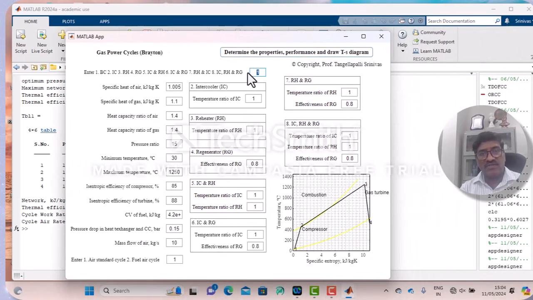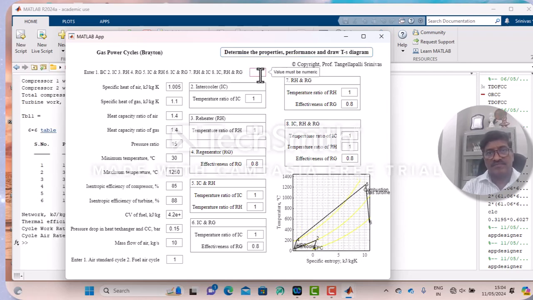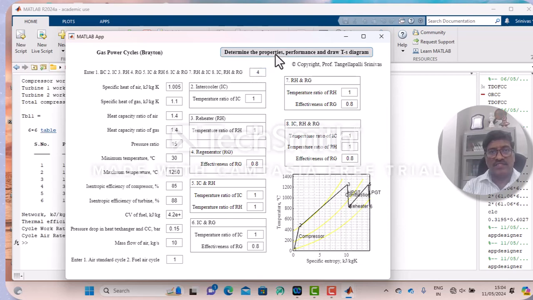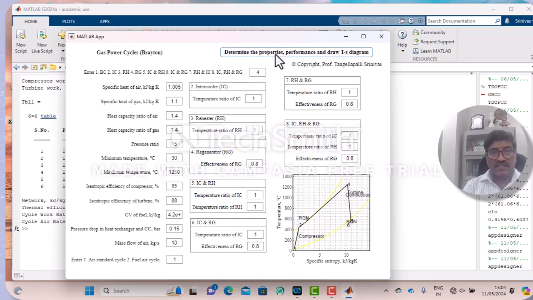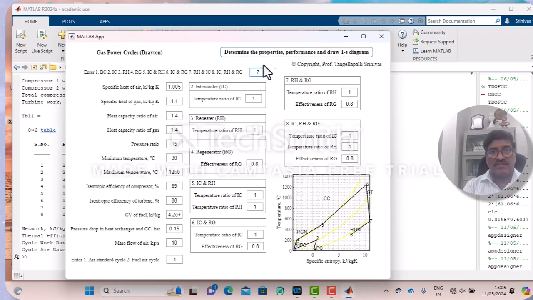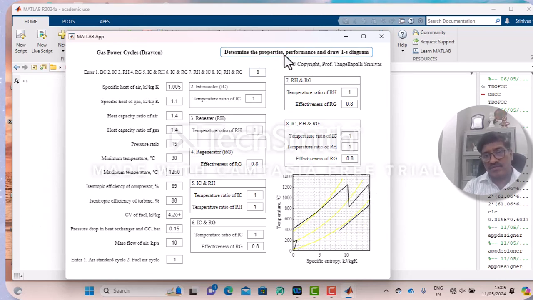So it can be extended for this cycle to the models with the intercooler, and with reheater, 4 with the regenerator, 5 intercooler and reheater, 6 intercooler and regenerator, 7 reheater intercooler, 8 with all the combinations.